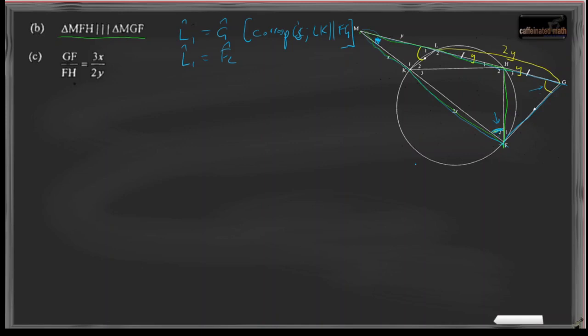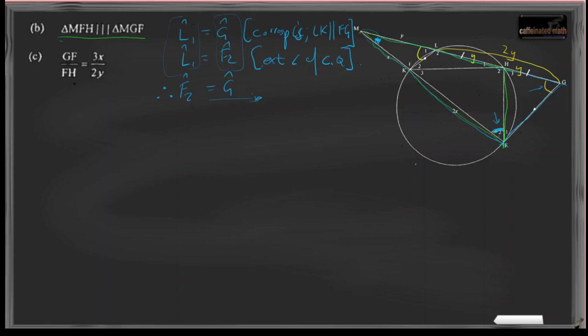And then we can also say that angle L1 is equal to angle F2 right over here. Let's just re-emphasize that. Why? Because it's the external angle of a cyclic quadrilateral. As we can see, the left hand sides are equal, therefore the right hand sides need to be equal, and that gives us that angle F2 is equal to angle G, which is the conclusion we wanted to draw. Now we can start off with our similarity proof, because we have enough.